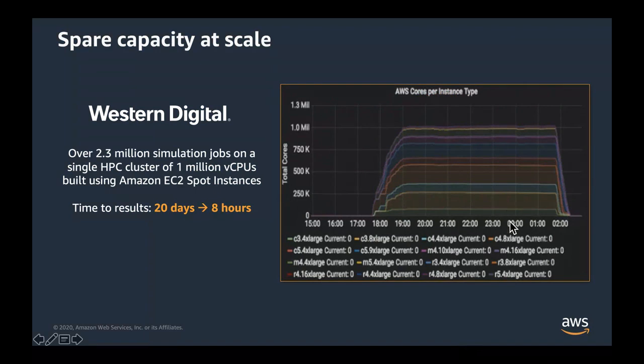As you can see on the right here, they did this by using a very diversified fleet of Spot. So they had multiple capacity pools they could dip into to get the target capacity. The time to results went from 20 days to 8 hours, again highlighting how effective Spot could be to scale within budget, get faster results, and reduce time to market.